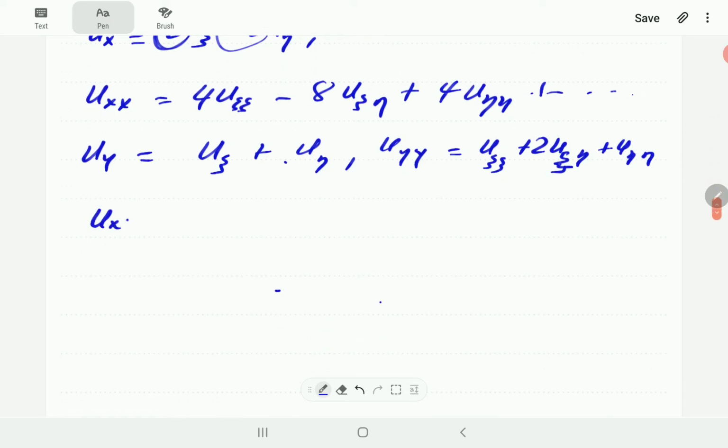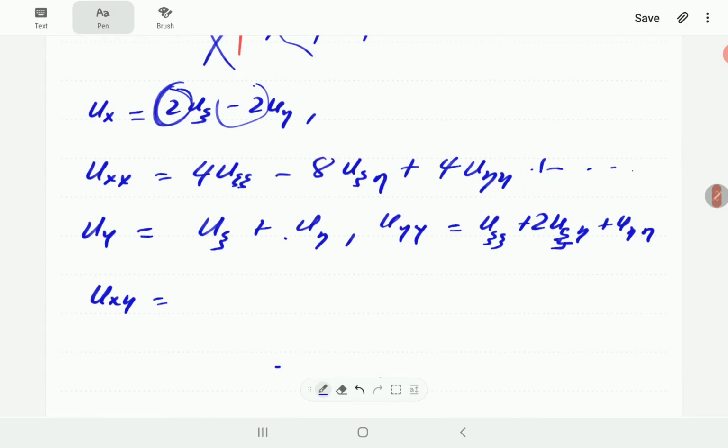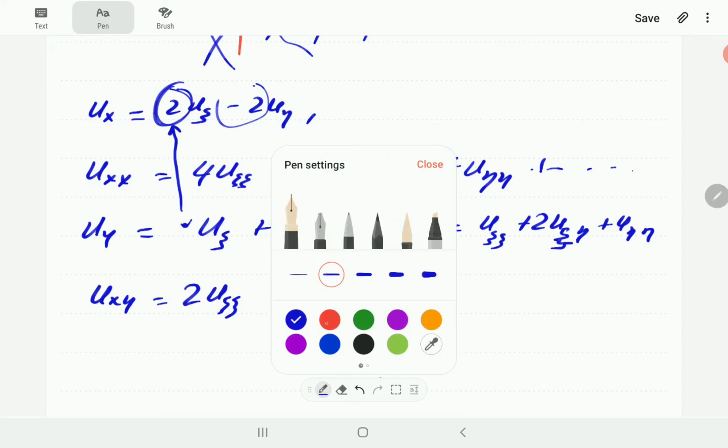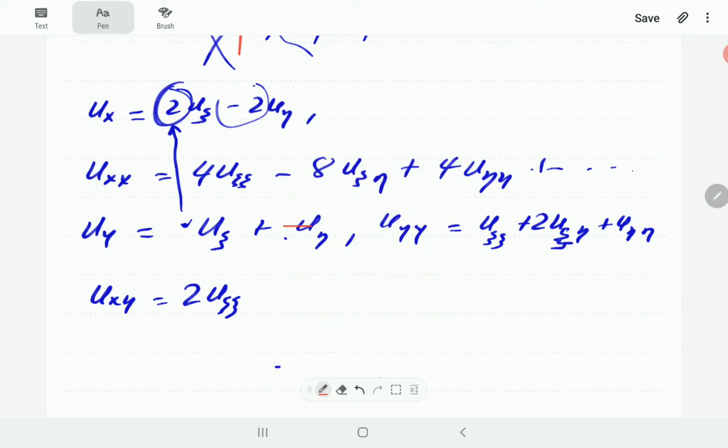And then the mixed derivative term. The first term, the coefficient is simply going to be this coefficient times that coefficient, so it's going to be 2 xi. Then for the mixed derivative coefficient, we cross multiply these and add.